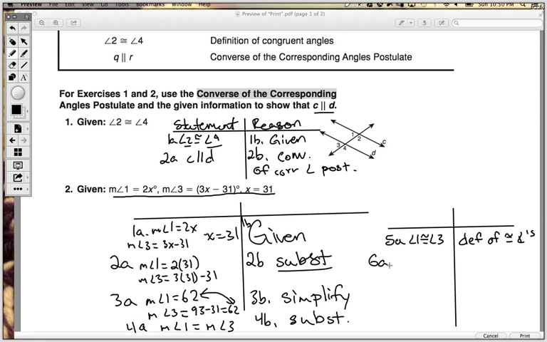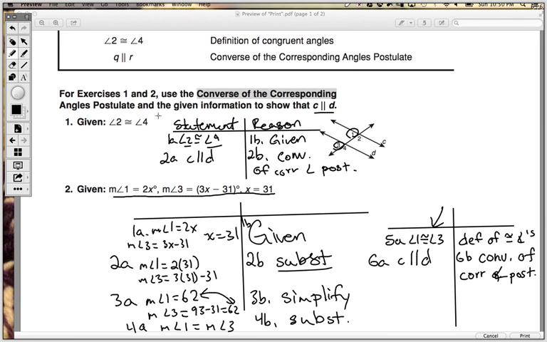Then the last step here is that they're parallel. So little c is parallel to little d. And it's the same thing we were looking at before, because we found corresponding angles 1 and 3, and we said that they're congruent. So they're corresponding and they're congruent, therefore the lines are parallel. So converse of corresponding angle postulate.